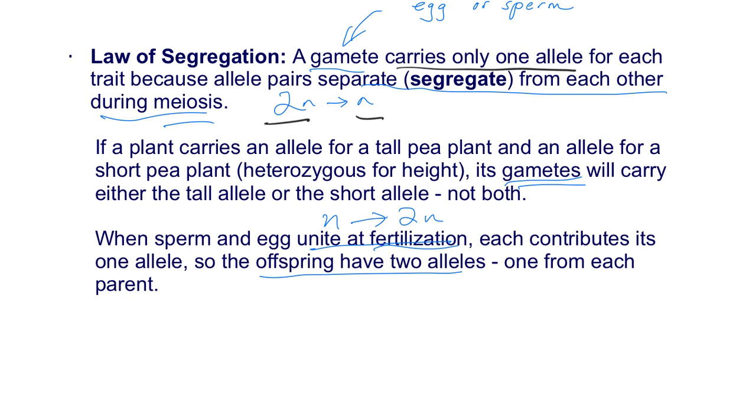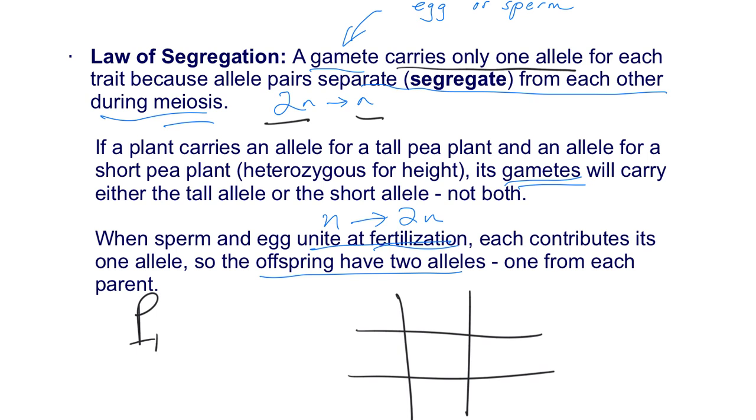So when we set up a Punnett square, you probably did this in grade school, you set up a Punnett square, for example, big P, little p, times big P, little p.